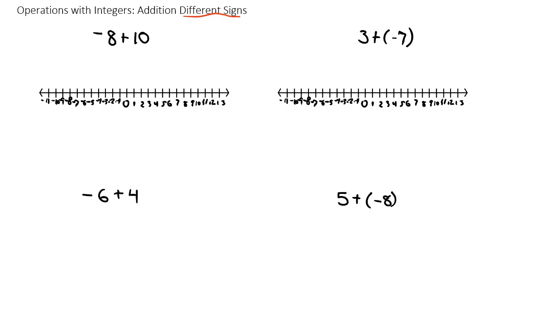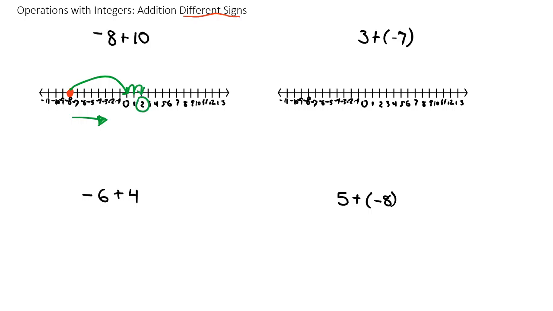So let's take a look at this example here of -8 plus 10. We're going to start here at -8 on our number line, and then since we're adding a positive, we're going to move in the positive direction. We're going to move right. We're going to go 10 units. So it's going to take us 8 to get back to 0, and then we'll need to go another 2 for 9 and 10.